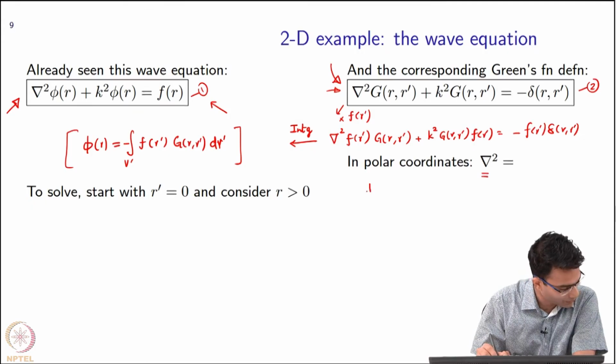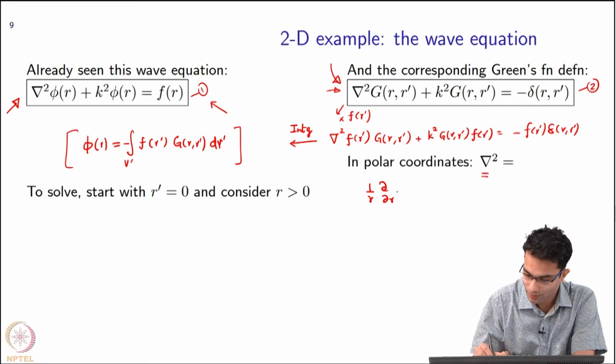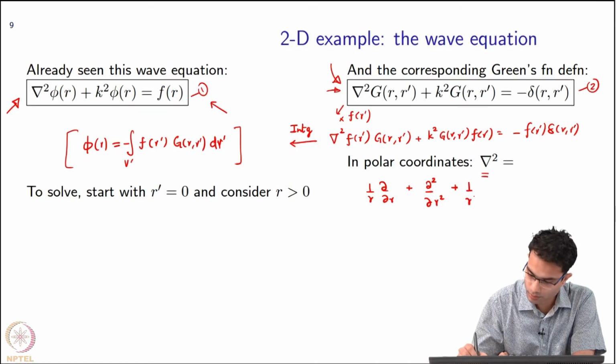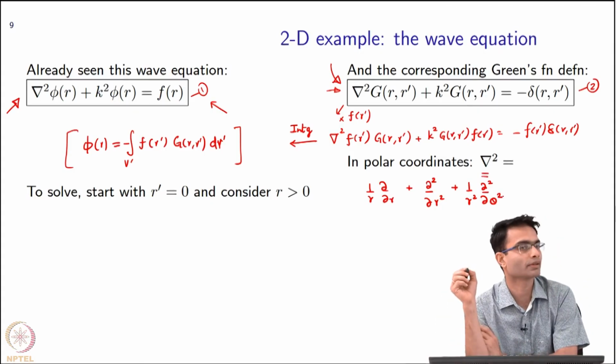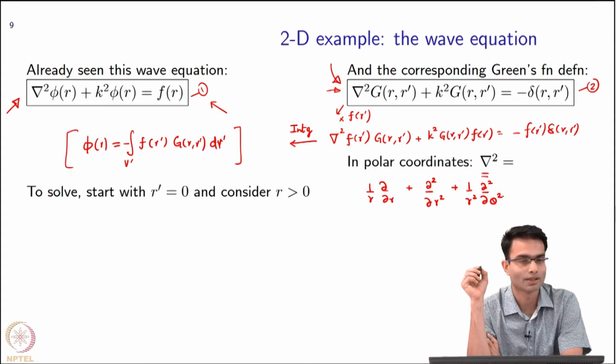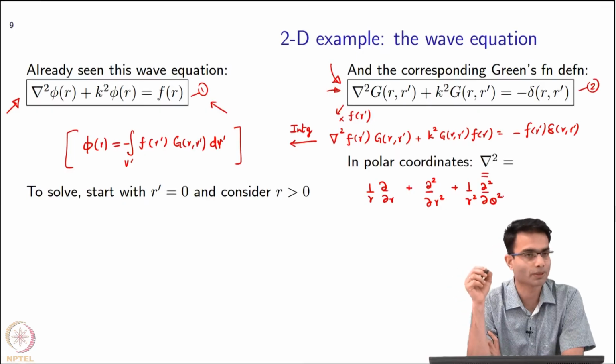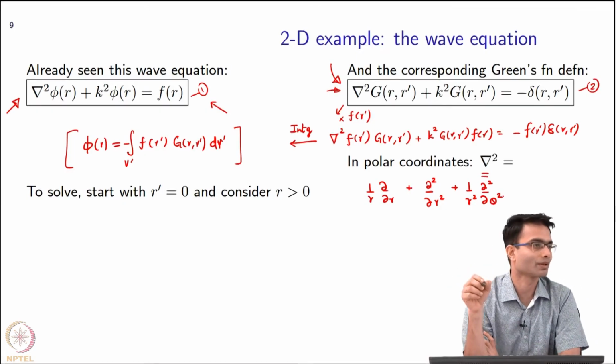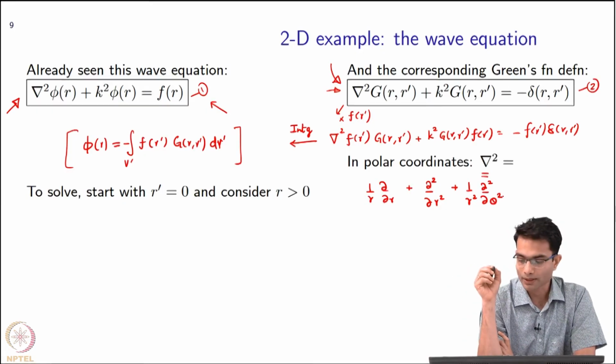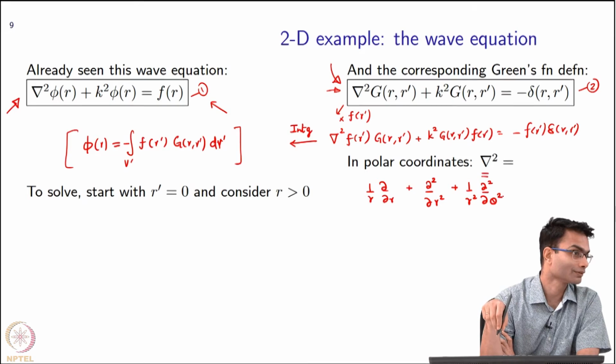So, it is 1 by r, and this is the operator del squared in polar coordinates. You just look up the Wikipedia article or whatever and write it down each time. But I mean, this still looks complicated.